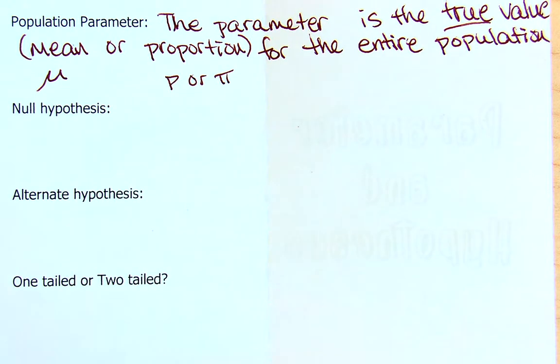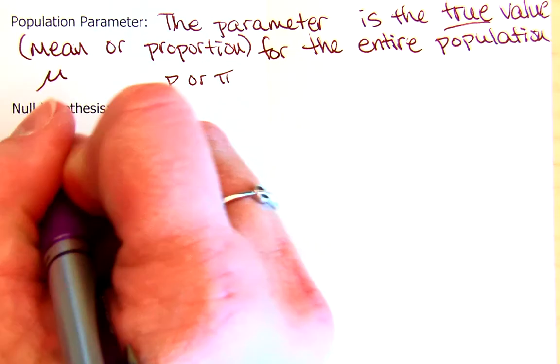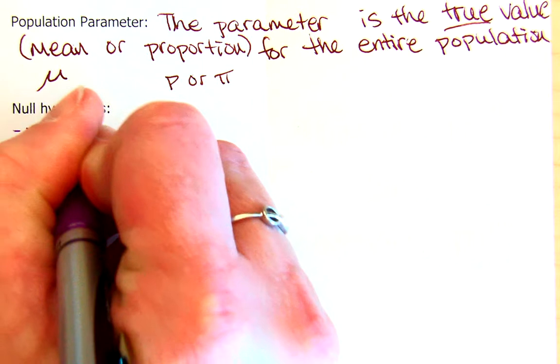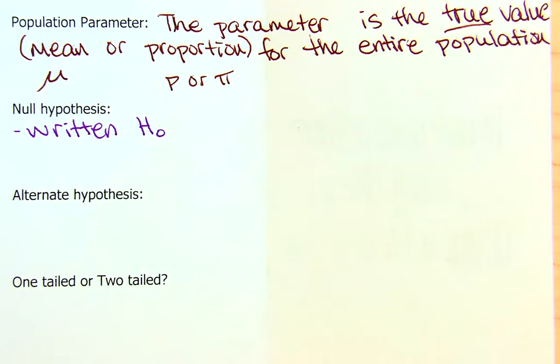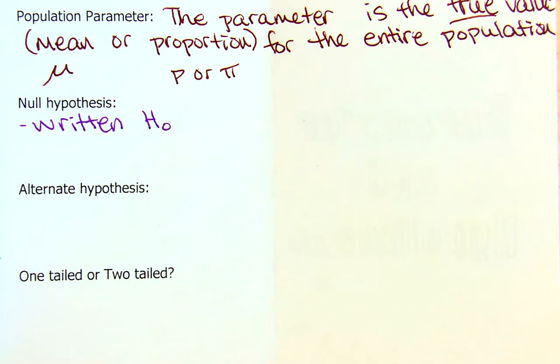Okay. Null hypothesis. This is the notation. Is written as H sub 0. So that's our null hypothesis, is H with a subscript of 0.